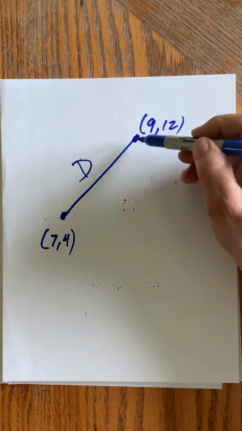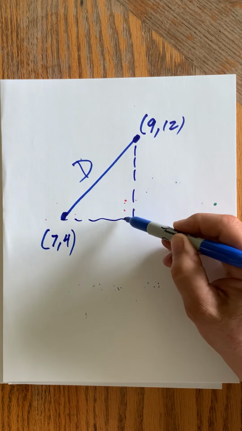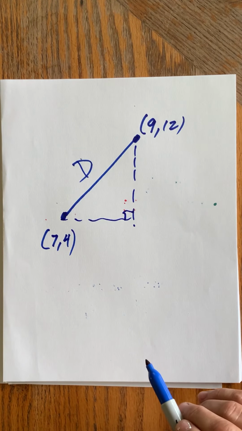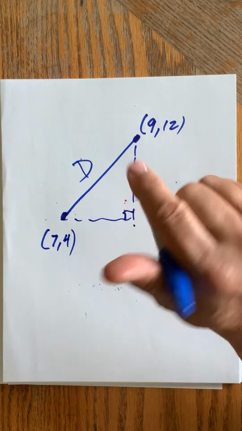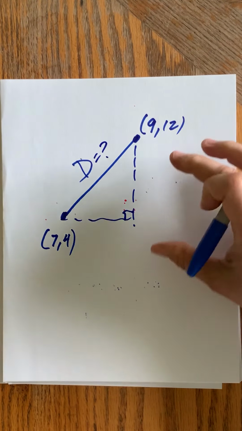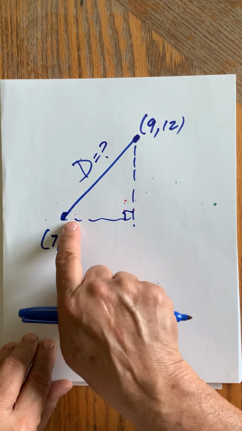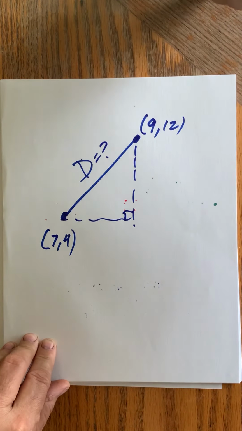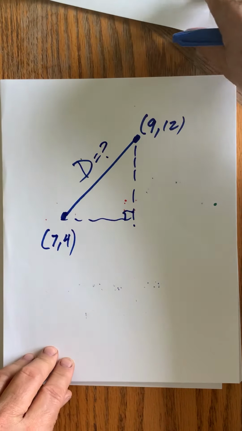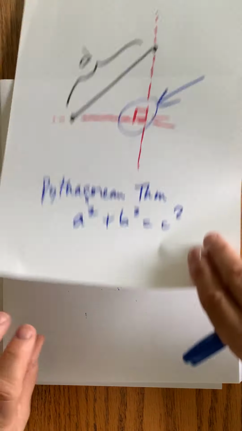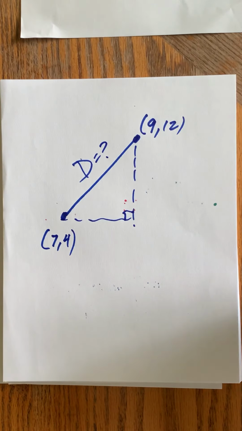So what you would do is you'd say, okay, I'm going to create this imaginary right triangle. I don't know this distance, but if I could find the length of each of the legs of the right triangle, then by the Pythagorean theorem I could square them and add them, and then take the square root, and I'd have the distance, right? And I'm finding a and b. So you're like, okay, well, how do I do that?